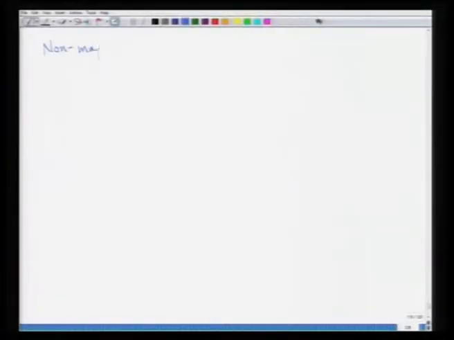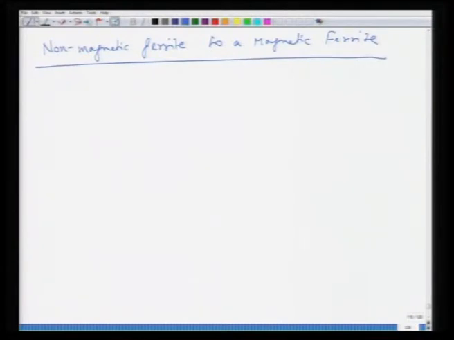And another thing that we discuss here is the addition of non-magnetic ferrite to a magnetic ferrite in spinel structures, of course, and this is quite important and interesting as well. Now consider NiFe2O4.